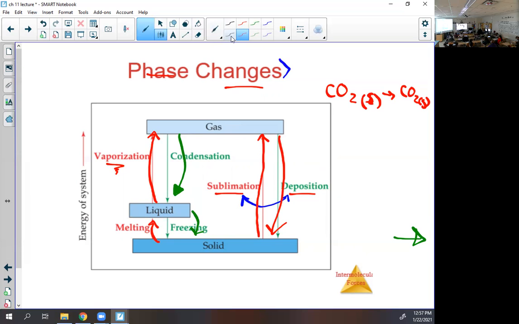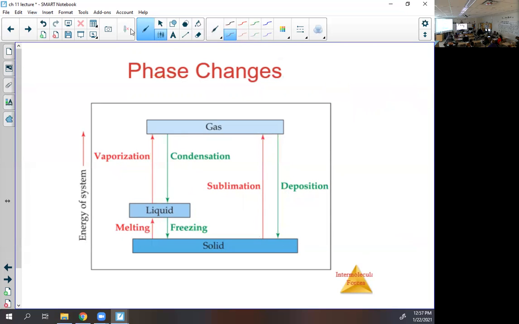Okay, there is something that you have to be able to explain about this graph. This is showing you the energy of the system on the y-axis. You'll notice the energy to go from a solid to a liquid is roughly that high. The energy required to go from a liquid to a gas is roughly this high.